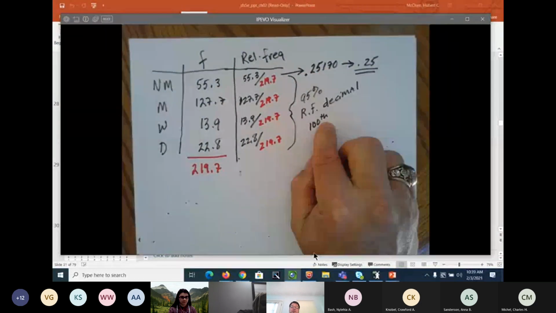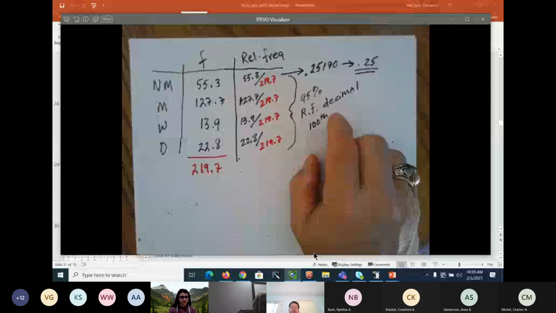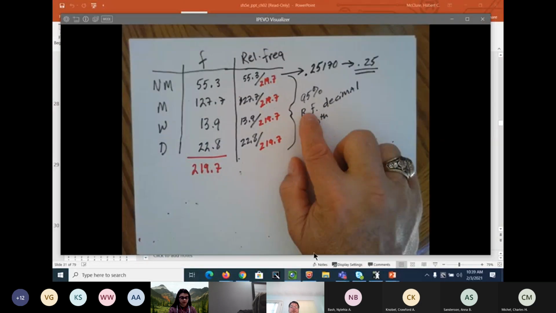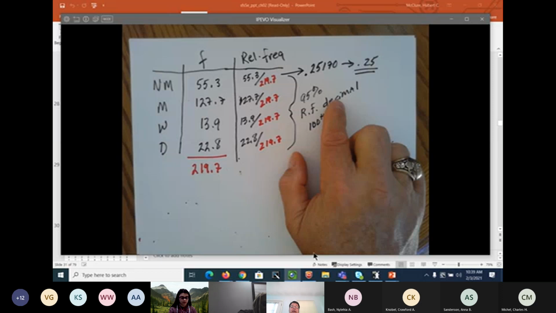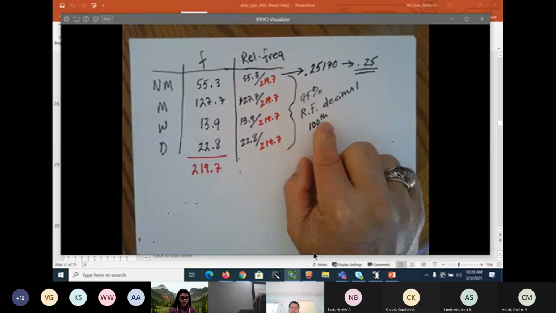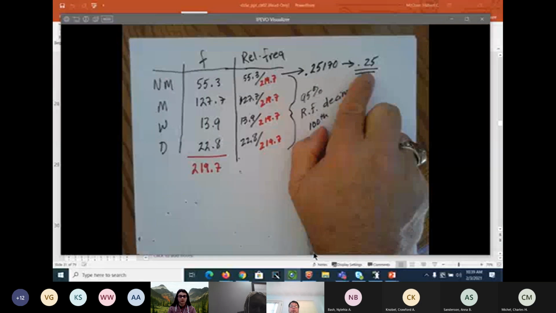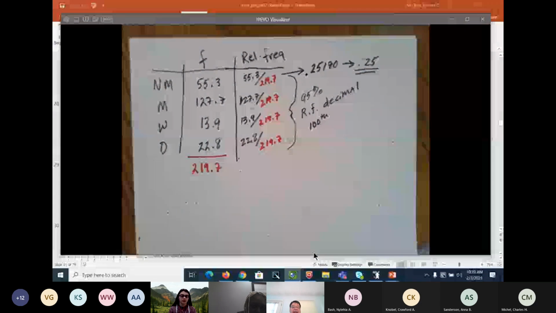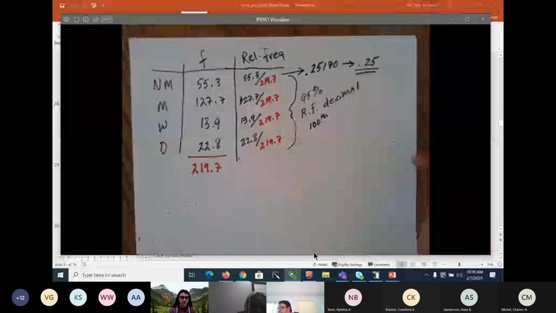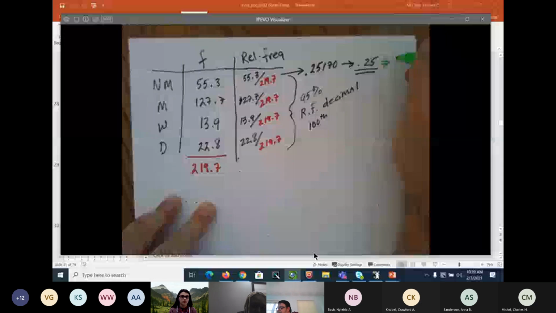Now, as I just told you, 95% of the time, they're going to ask you for a decimal and round to the hundredth. So 0.25170 rounds to 0.25. And on a pie chart, that would be 25%.